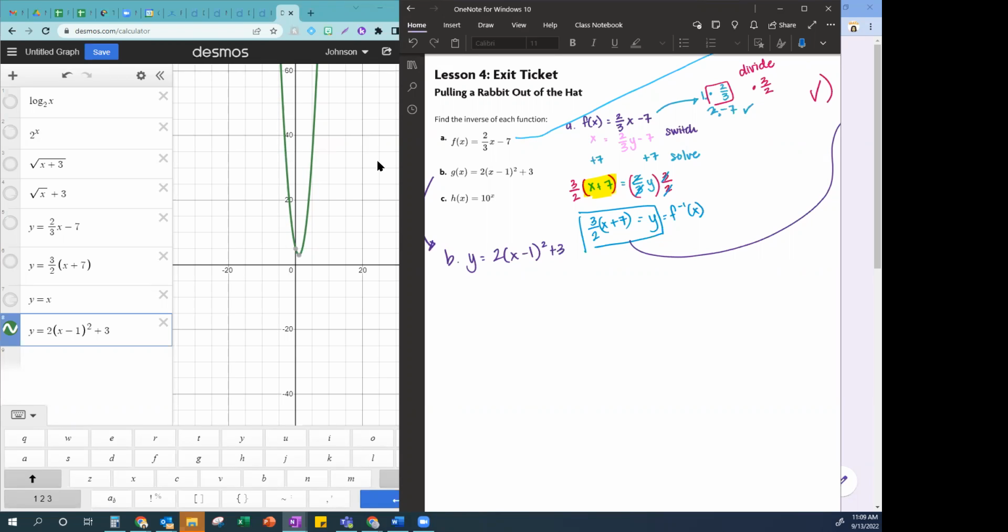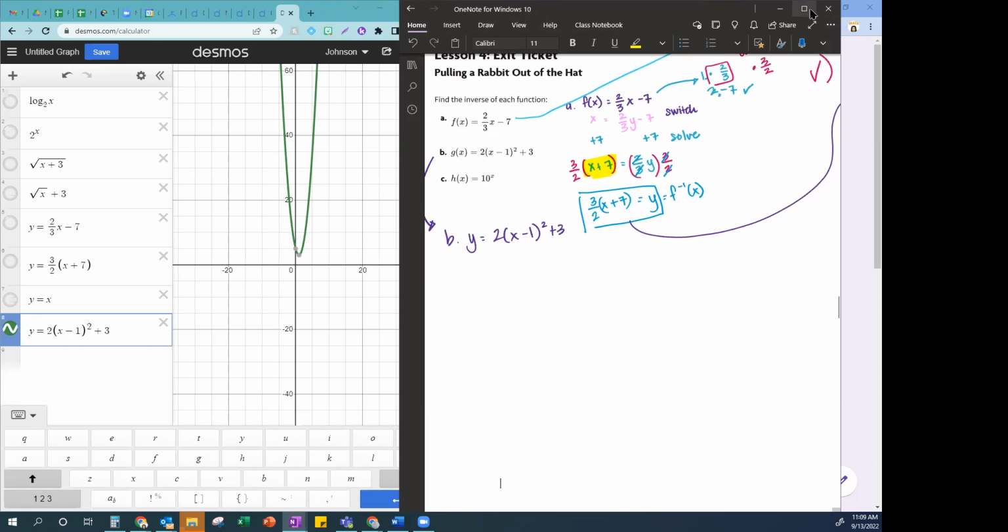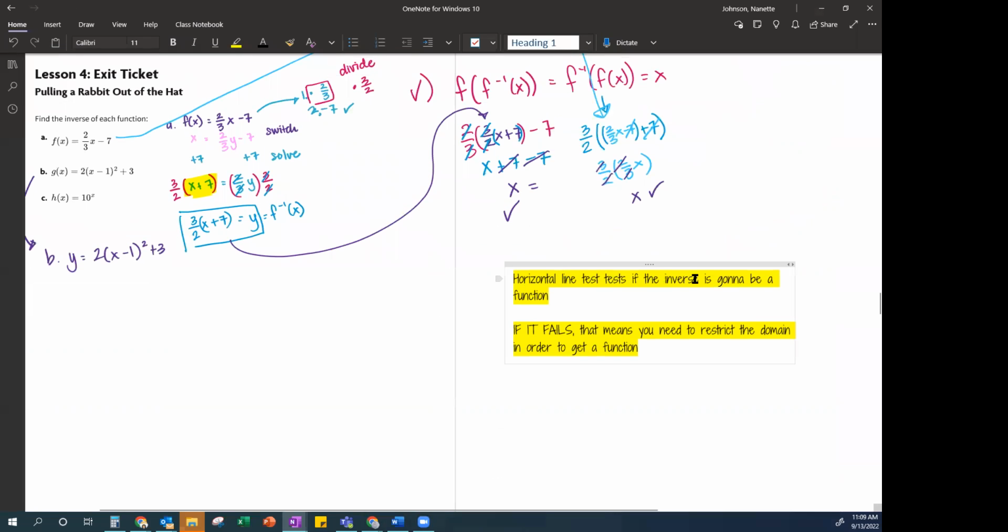Yep, it's a function, Ms. Johnson. Perfect, right? So for those of you who are like, okay, but Ms. Johnson, what is the horizontal line test? The horizontal line test tests if the inverse is going to be a function. This is perfectly written, whoever did this, thank you so much. So now I'm going to do the horizontal line test and I'm going, oh no, you failed.